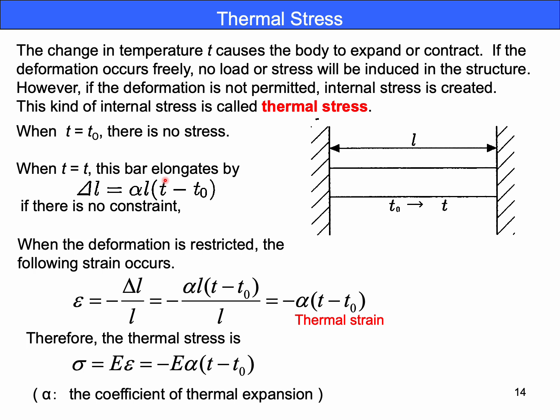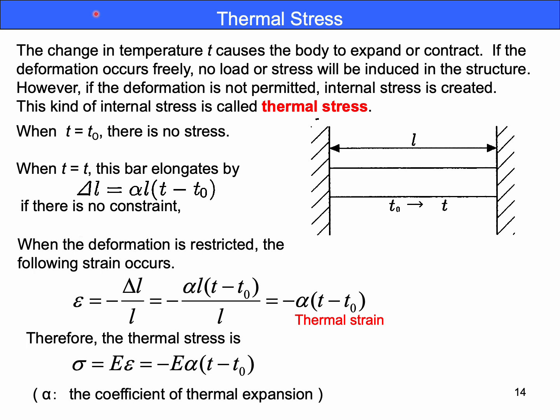In the free atmosphere, the elongation of the bar can be expressed as delta L equals alpha L times T minus T0. This is the case when there's no rigid wall fixing.